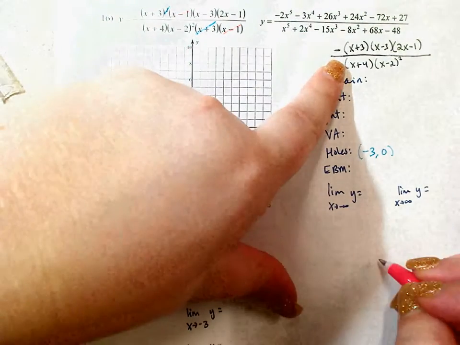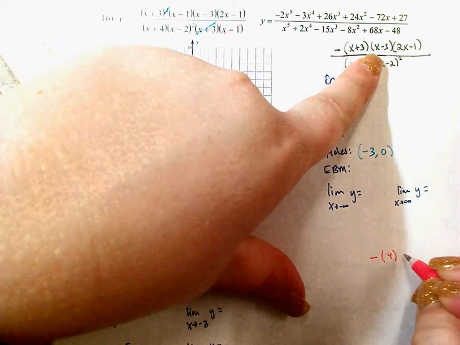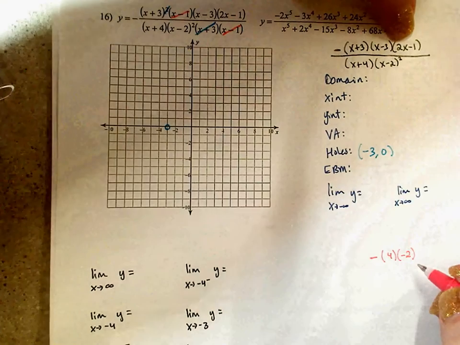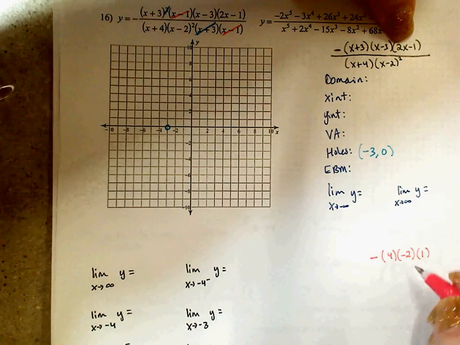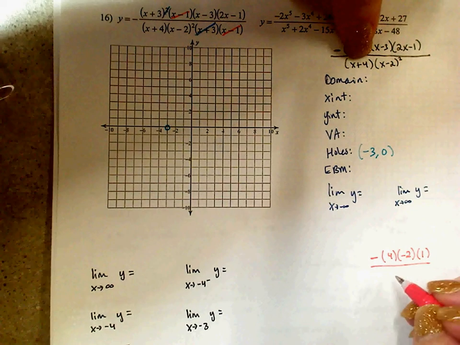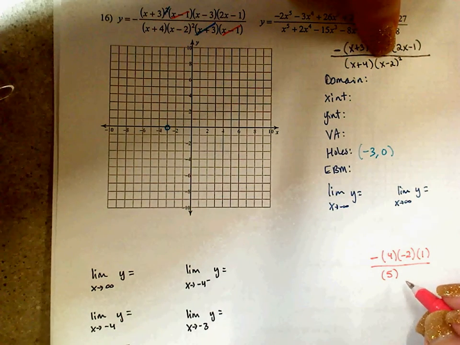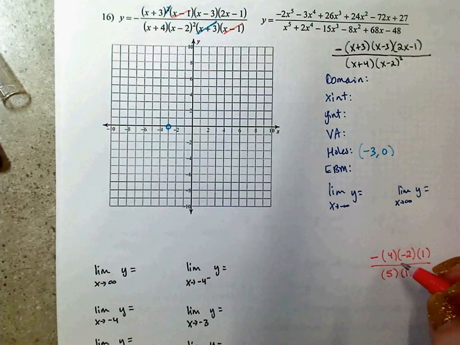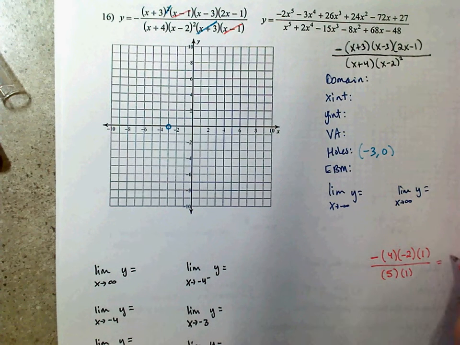So I've got negative, and when I plug in 1, I've got 1 plus 3, which is 4, 1 minus 3, which is -2, 2 times 1, which is 2 minus 1, is 1, over 1 plus 4 is 5, and 1 minus 2 is -1, and -1 squared is 1. Okay? So what I end up with is -4 times -2, which is +8 over 5.